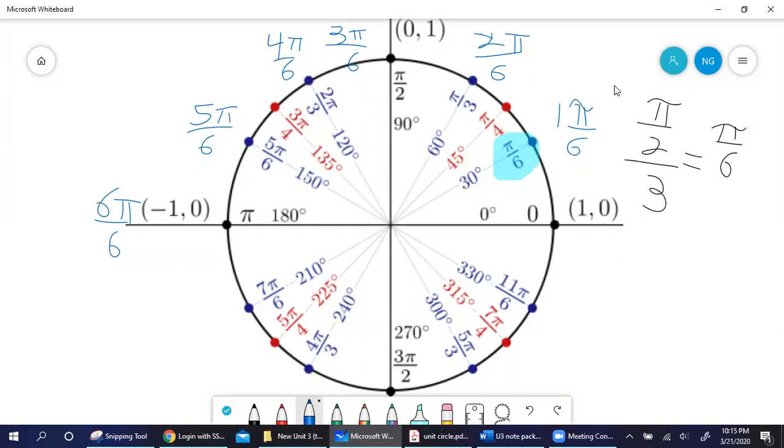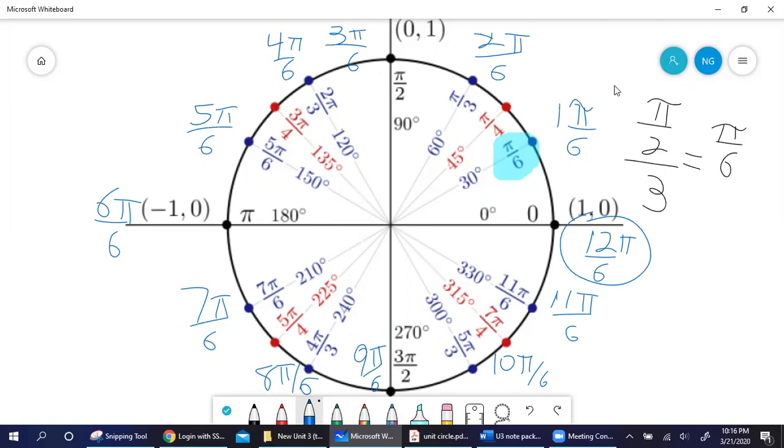But again, all I'm doing is counting by 1/6 every time. So 7 pi over 6, 8 pi over 6, which reduces. 9 pi over 6, which reduces. 10 pi over 6, which reduces. 11 pi over 6, and finally, I finish with 12 pi over 6, which is 2 pi.